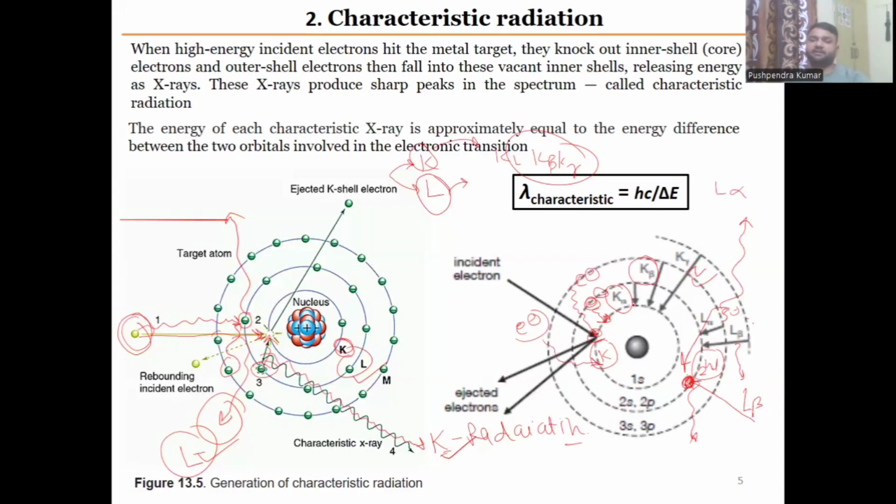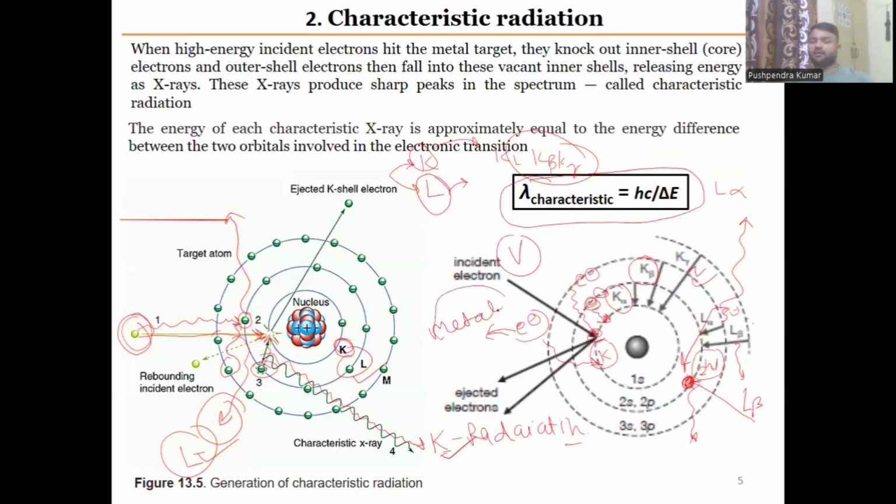We can find the wavelength of the characteristic radiation, since only one type of transition can take place at a particular time. So we call it a characteristic wavelength. Here the transition of electrons is not affected by the voltage applied; it is affected only by the metal target.